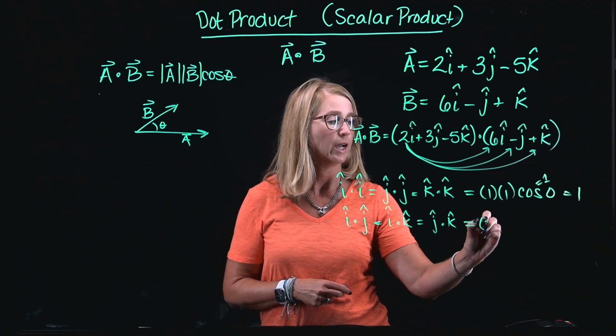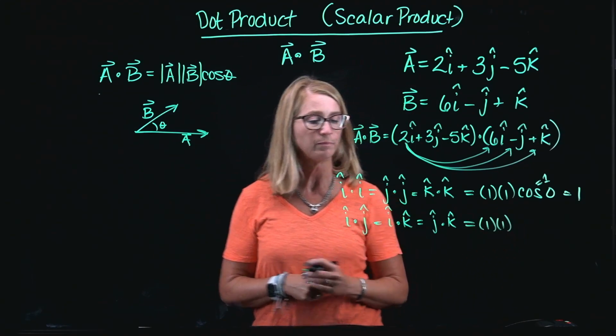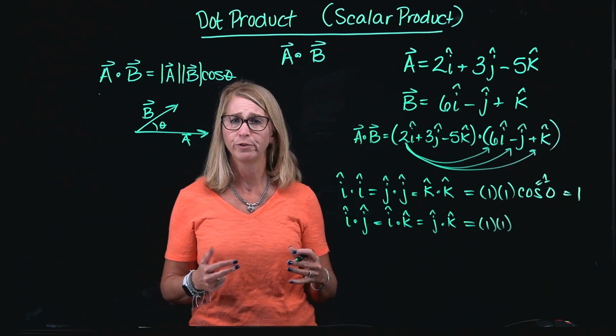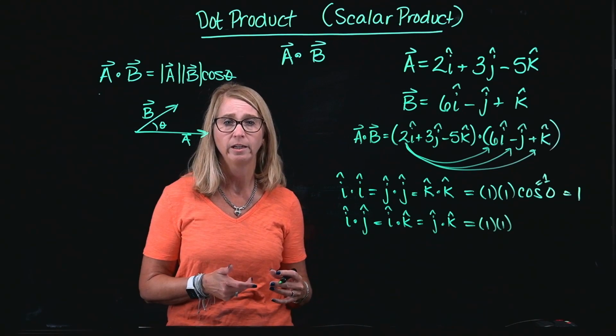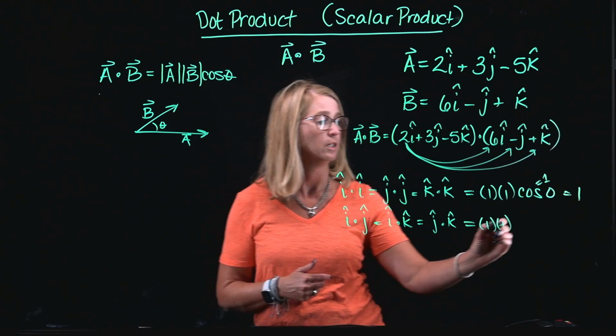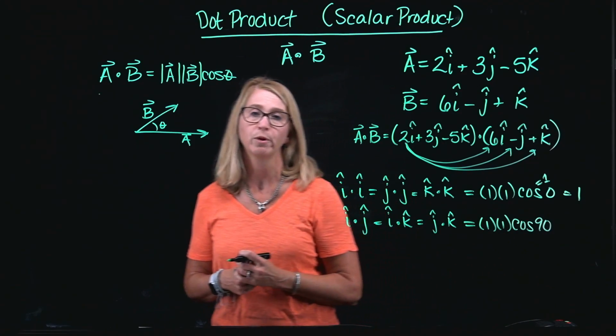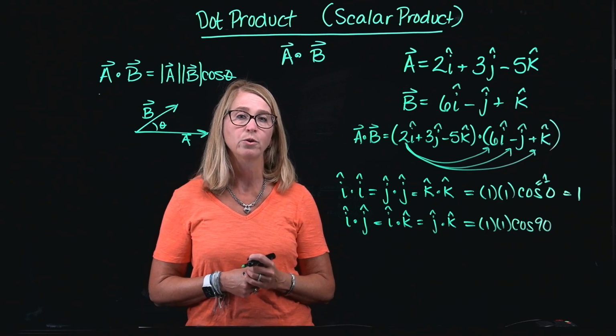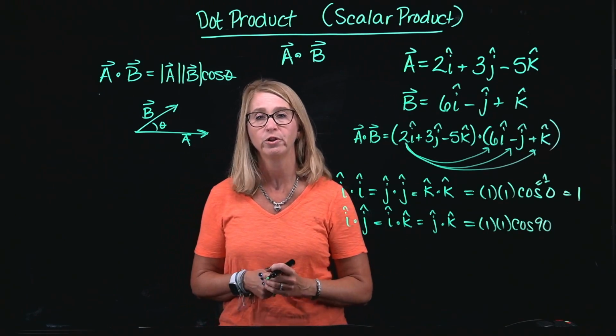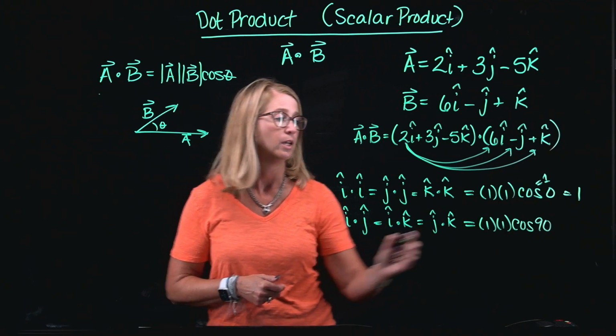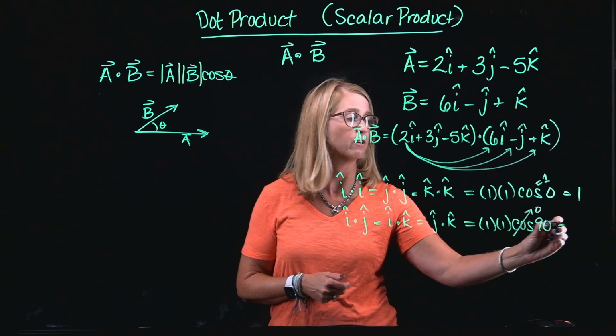However, I get a very different result when I take a mixture of unit vectors, like i dot j, j dot k, etc. Because all unit vectors are mutually perpendicular to each other. So the angle between any 2 of the unit vectors is 90 degrees, and the cosine of 90 degrees is 0.